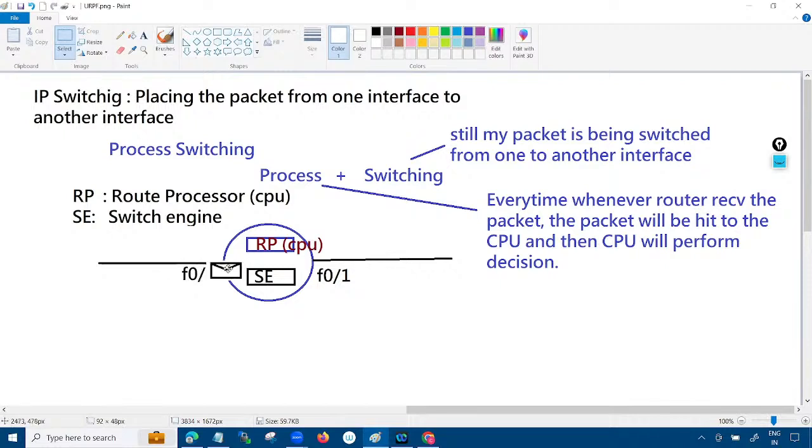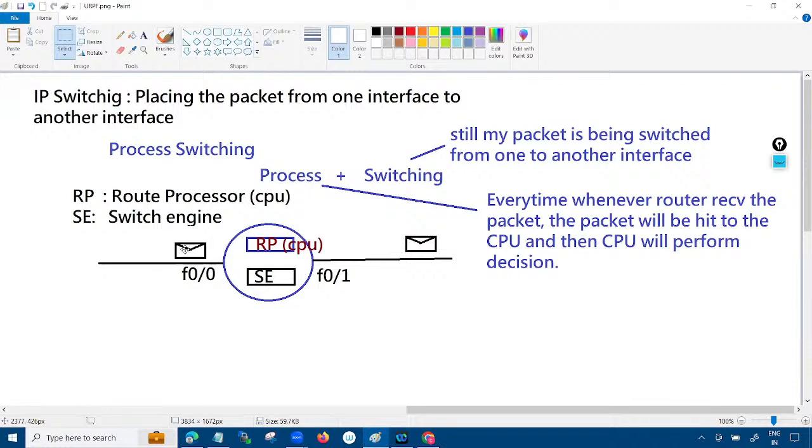It will give this packet to the RP, that's the CPU, and then the RP will give this packet to the SE, the switch engine, and then the switch engine will forward this packet to 0/1. That's my first packet.